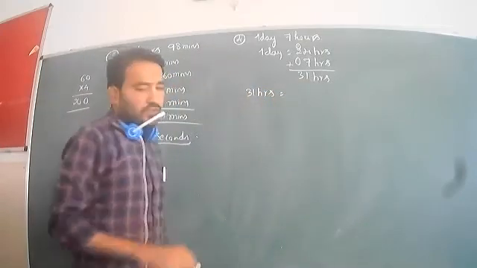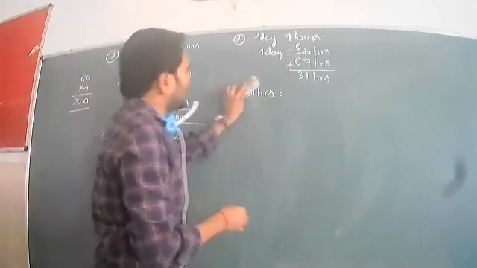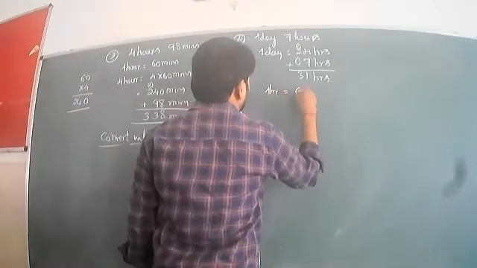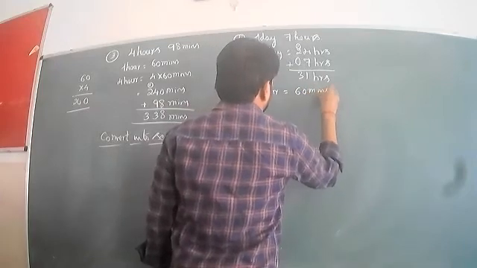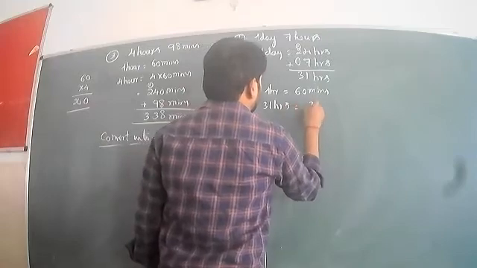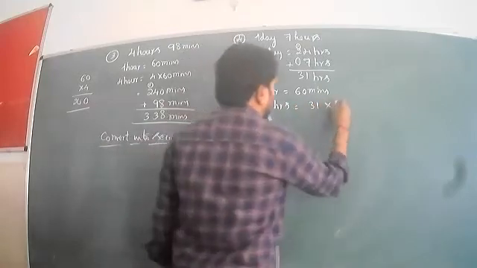Now 31 hours, let us convert it to minutes. We know that 1 hour equal to 60 minutes. We should find out 31 hours equal to 31 number of hours into 60.